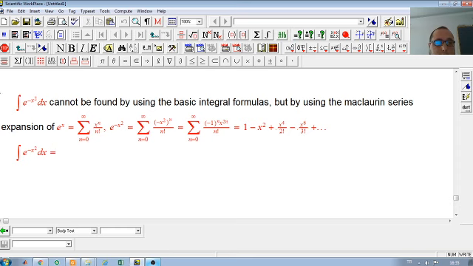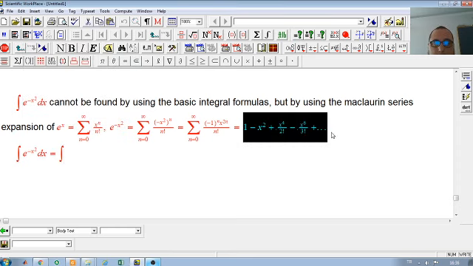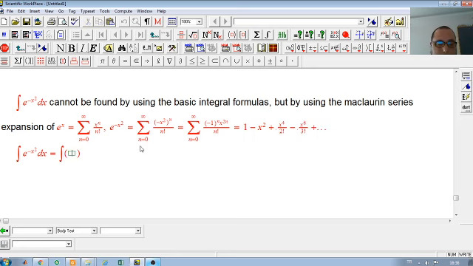The integral of this, dx, is equal to x minus x^3/3 plus x^5 over 5 times 2!, minus x^7 over 7 times 3!, and so on.